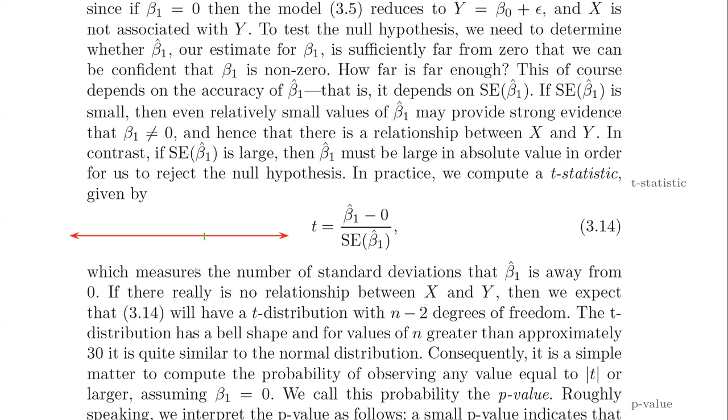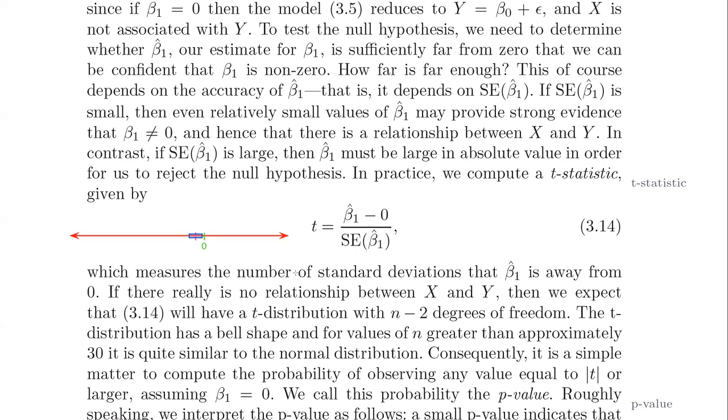But all we're saying is that even if your estimate of beta 1 is relatively small, so even if it's quite close to zero, even if it's over here, if the standard error of beta 1 is also very small, then maybe the confidence interval will be something like this, and zero still isn't included.